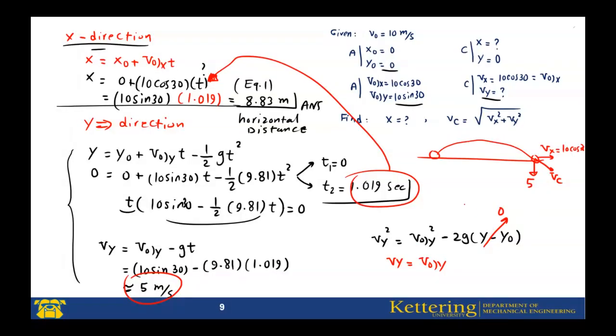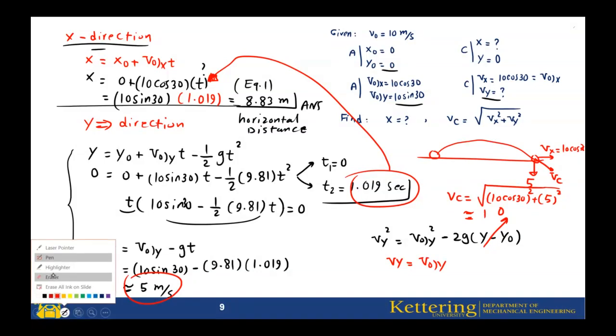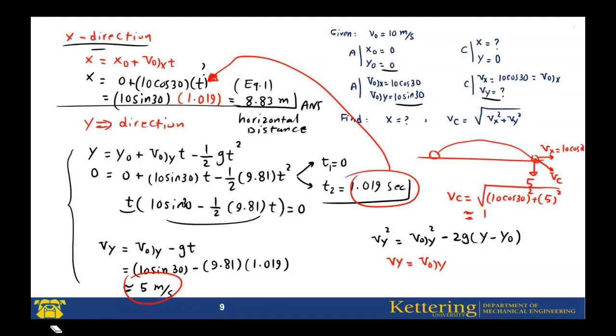Then the magnitude of the velocity is the square root of (10 cosine 30) squared plus 5 squared. If you calculate this one, you will find that it is approximately 10 meters per second.